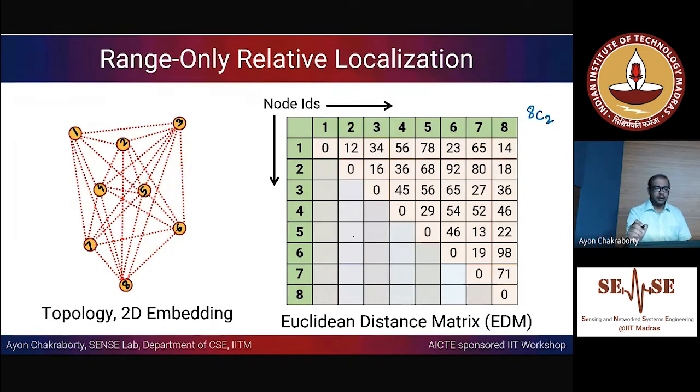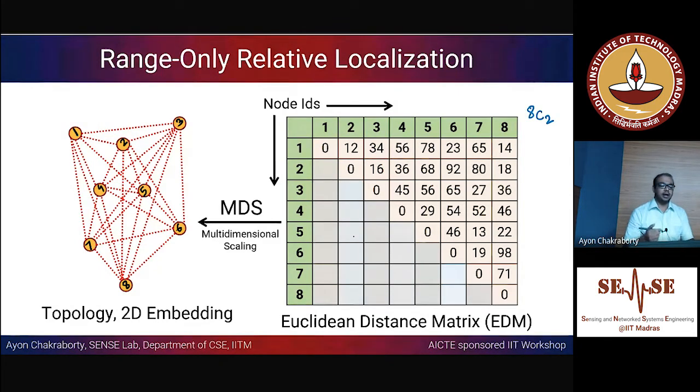Okay, now there is a technique which is known as multi-dimensional scaling, or MDS, that can give you this embedding given a correct EDM matrix that is complete. Okay, so this is often studied as a part of dimensionality reduction or feature selection kind of techniques in machine learning, right?